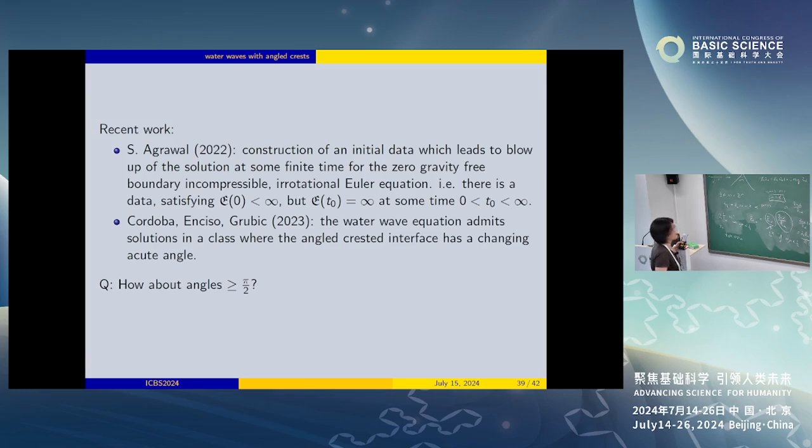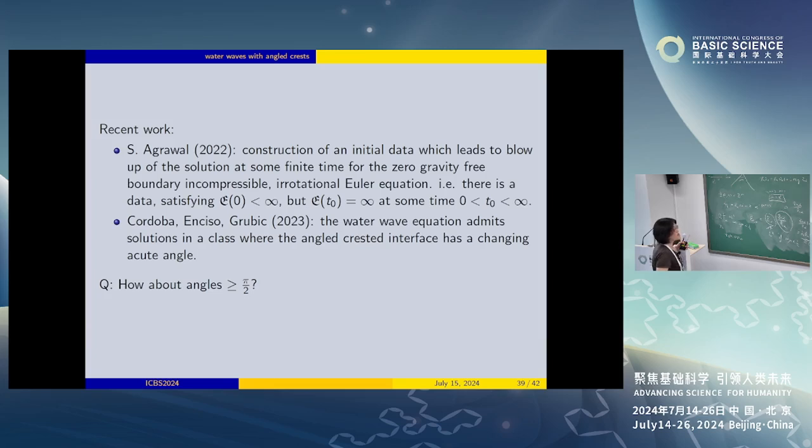So there's a norm inflation for this class of energy. But his energy is more refined than what I have just shown you, though in the essential class. In other words, his energy also doesn't allow the change of angle. The angle has to be less than pi over 2. So in this work, Cordoba and Cesar Grubic show that the water wave equation, in fact, admits solutions in a class where the angled crest interface has a changing acute angle.